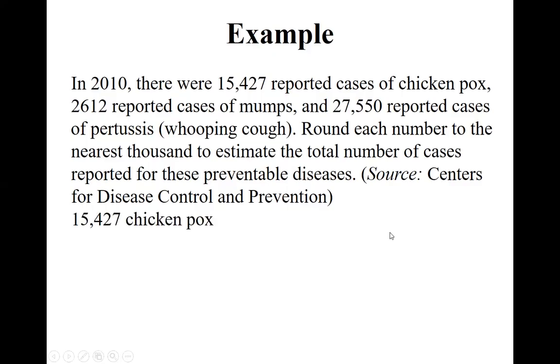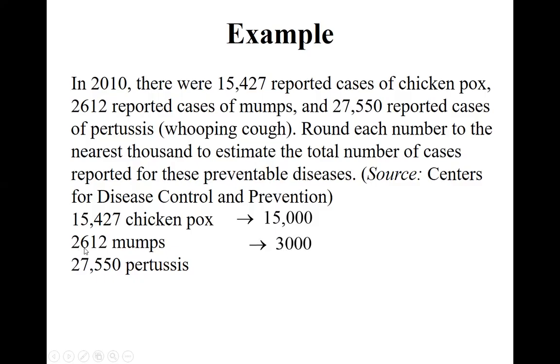So we take our actual amounts and we'd round each to the nearest 1,000. So 15,400 rounds down to 15,000. 2,600 rounds up to 3,000. 27,500 rounds up to 28,000.